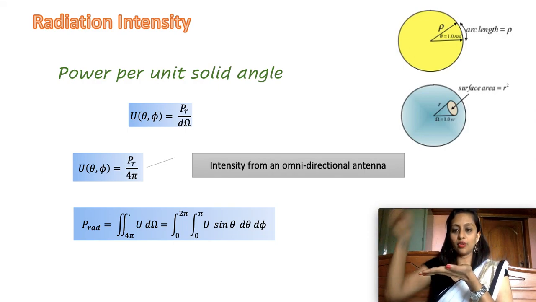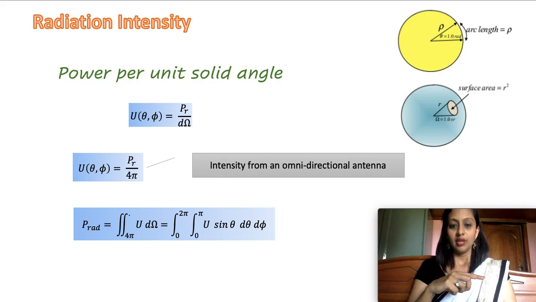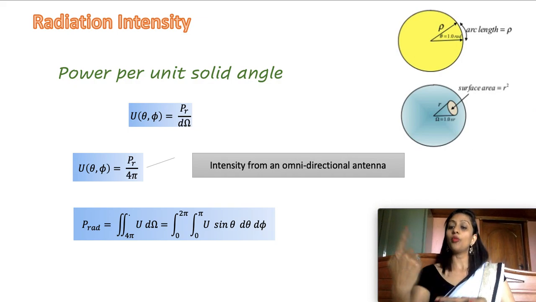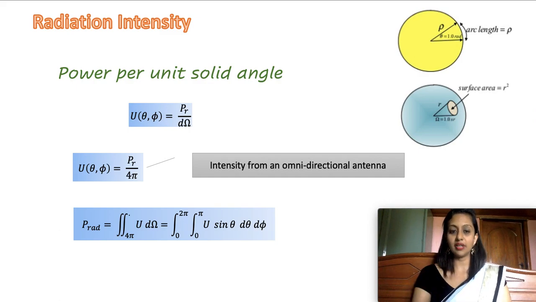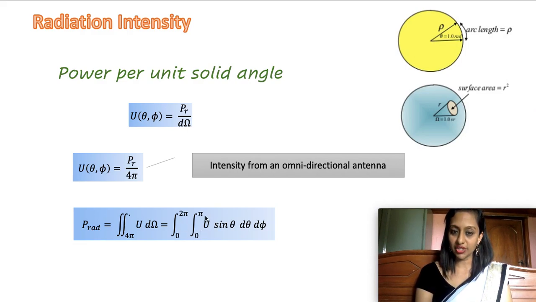I'm bothered about 0 to pi, 0 to 180 degrees only. When I'm throwing out energy, I'm only bothered about what is happening in the forward direction, not below the antenna. Hence the radiation covered is 0 to 180 degrees. How about this coverage? The antenna is throwing out energy, which means this is completely covered. Hence phi will be from 0 to 2 pi, whereas theta will be from 0 to pi. And this is my radiation intensity, and this is my solid angle.